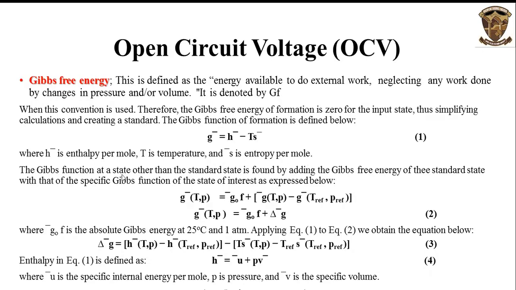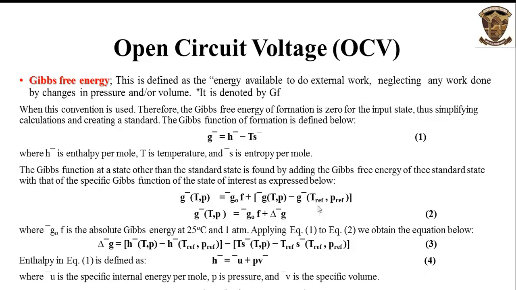The Gibbs function at a state other than the standard state is found by adding the Gibbs free energy of the standard state with that of the specific Gibbs function of the state of interest, as expressed below. G(T,P) = G°_f + [G(T,P) - G(T_ref,P_ref)], and that is equal to G°_f + ΔG.